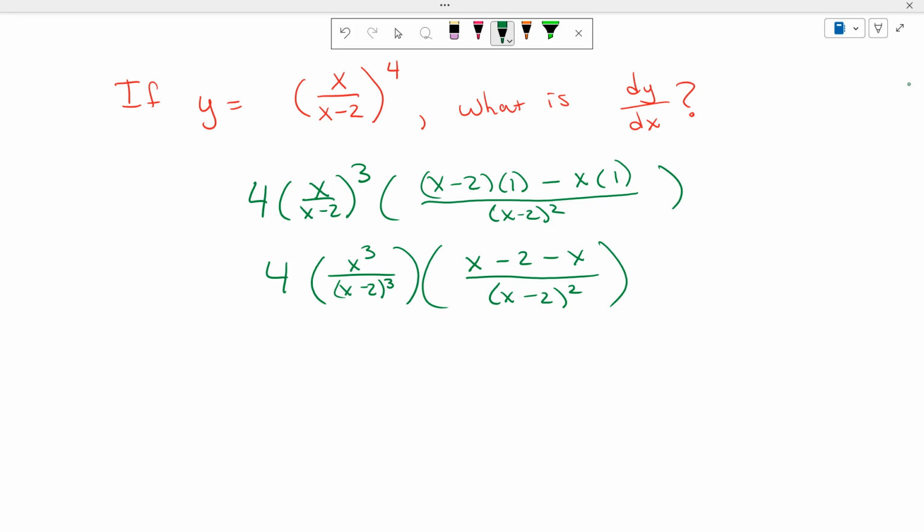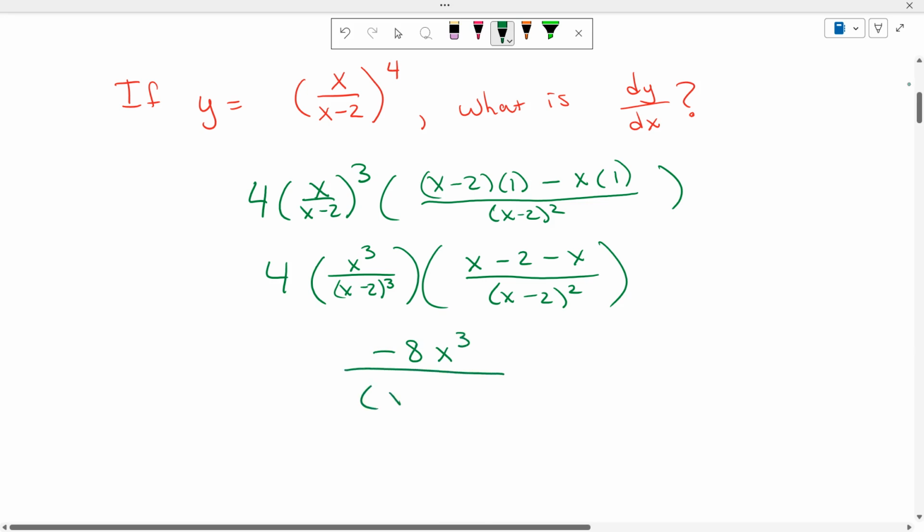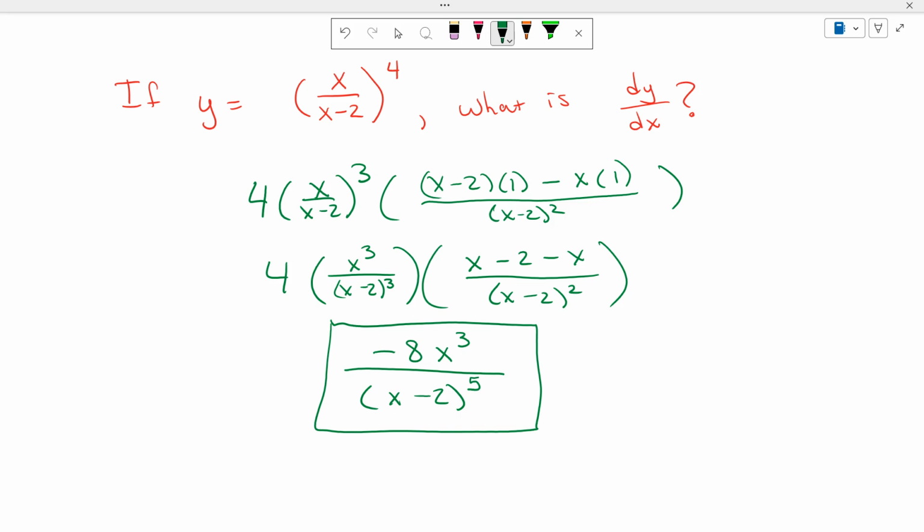So what's negative 2 times 4? Negative 8. So we get negative 8x cubed over x minus 2 to the what power? Well, it's to the 5th power. That's the first derivative. So that was the chain rule, quotient rule.